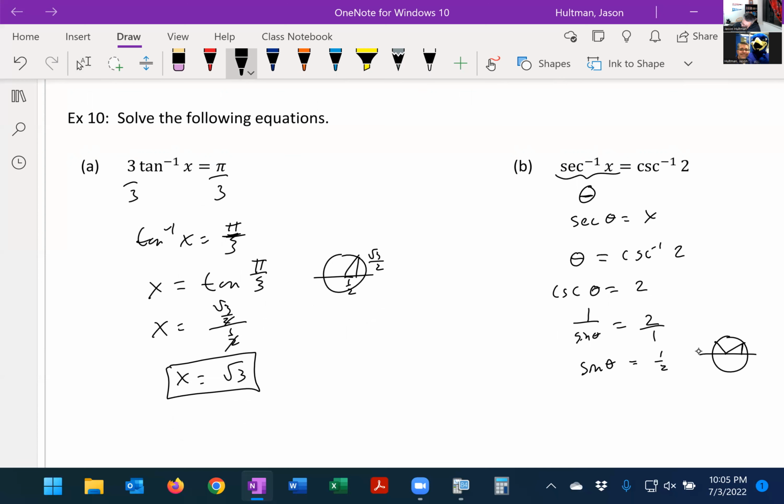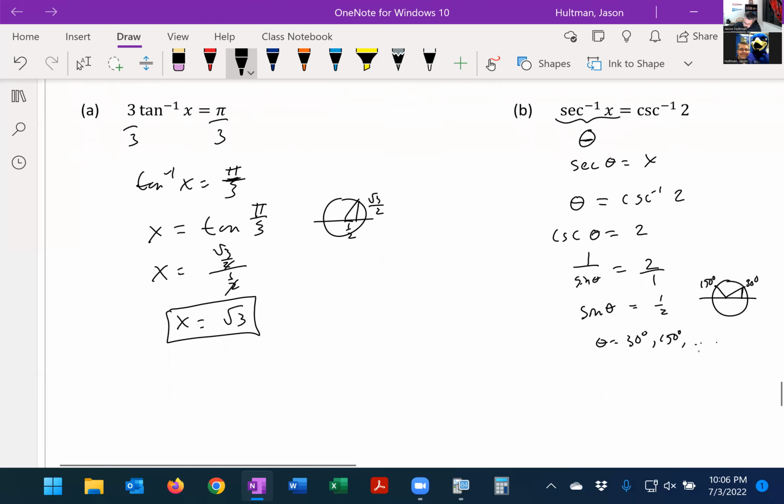So we know the 30 degrees, the 150 degrees, but now what we want is the secant of theta. So what's the secant of theta? The secant of theta is equal to x.